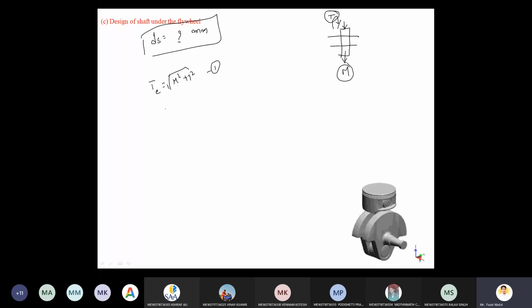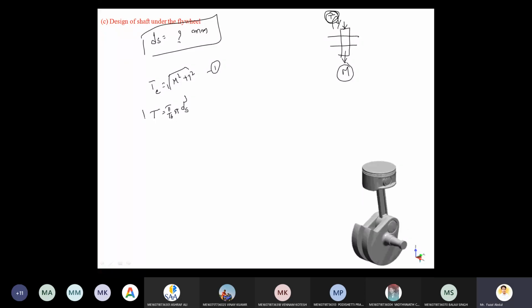The failure is going to take place mostly due to the torsion, because the flywheel has heavy speed, so the dominant one is T. So the torque transmitted by the shaft, capital T, is equal to pi by 16 into sigma s into d cube. What is d cube here? ds cube. This is the second equation.